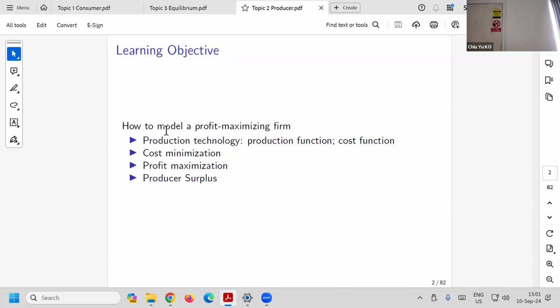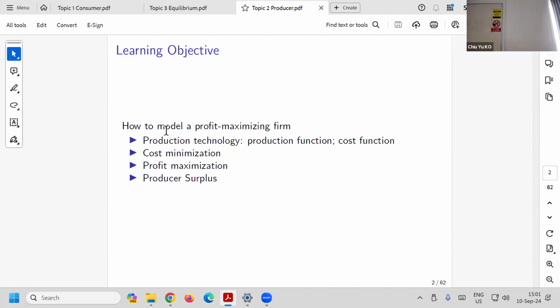Cost minimization is a firm internally without considering how much they can sell. Okay. It's just saying that given the production technology, how can I convert input to output, how to optimally combine different inputs to output. So there's no market there. There's no profit there. It's a simpler problem. It's an easier problem to solve.